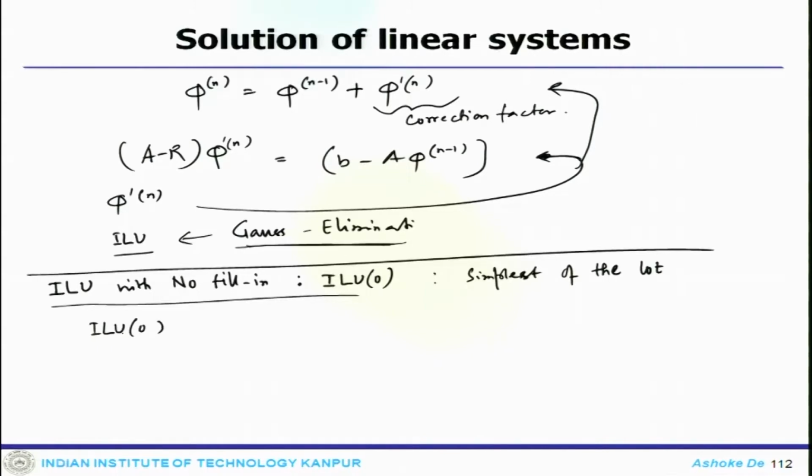In ILU 0, the pattern of 0 elements in the combined L and U matrices is taken to be precisely the pattern of 0 elements in the original matrix A. Gaussian elimination can be performed in the case of full LU factorizations, but where non-zero elements exist, you cannot use that kind of Gaussian elimination.